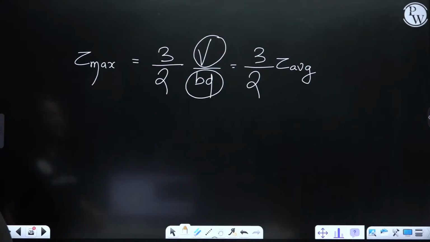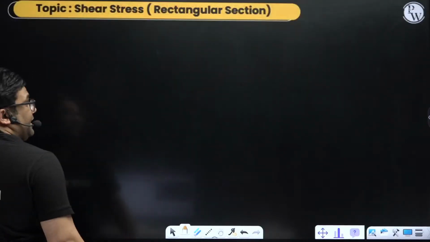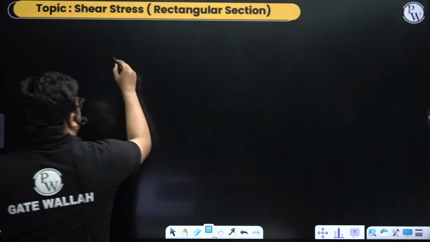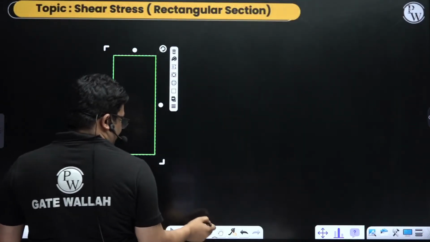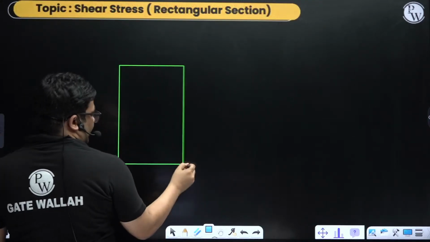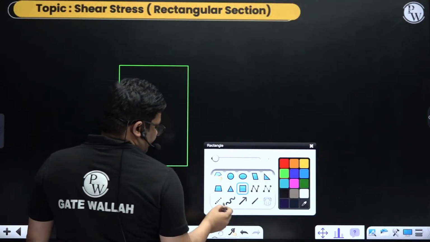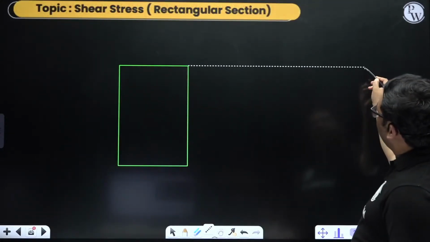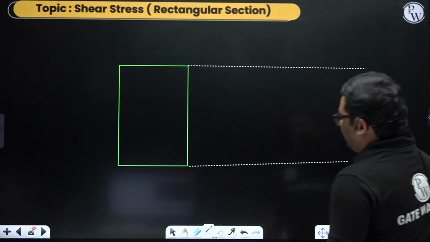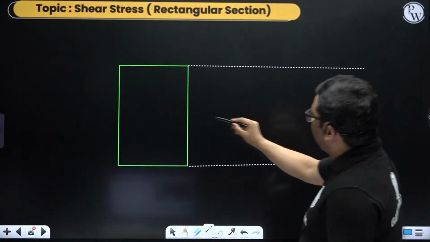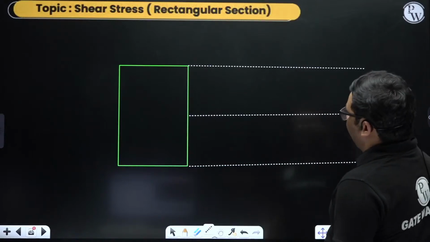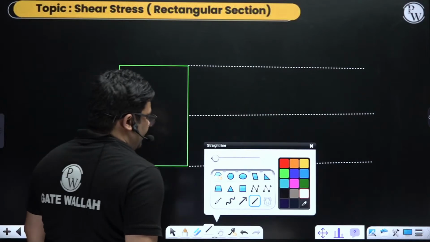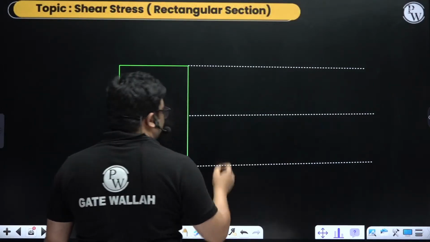So if I see a rectangular cross section, then the shear stress distribution is something like this.